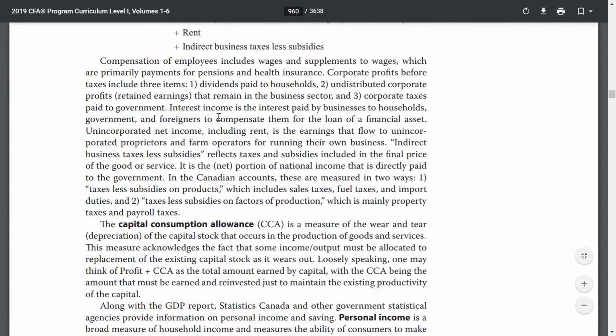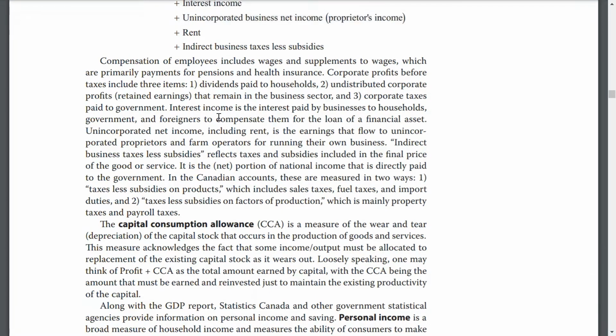Compensation of employees, including wages and supplements to wages, which are primarily payments for pensions and health insurance. Corporate profits before taxes include these three items: dividends paid to households, undistributed corporate profits or retained earnings, which remain in the business sector, and corporate taxes paid to government.